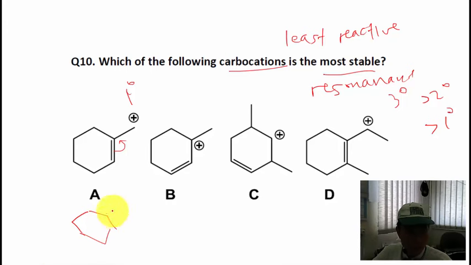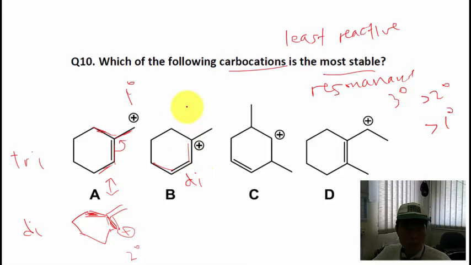Back here, when you draw a resonance structure using this double arrow, this becomes a double bond here and a positive charge there. So now this becomes a secondary carbocation, but you see that the alkene becomes di-substituted: 1, 2. For the first case just now, it was tri-substituted: 1, 2, 3. For B, this is a di-substituted alkene with a tertiary carbocation.